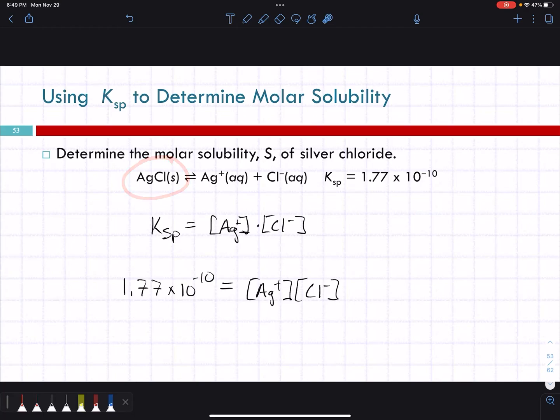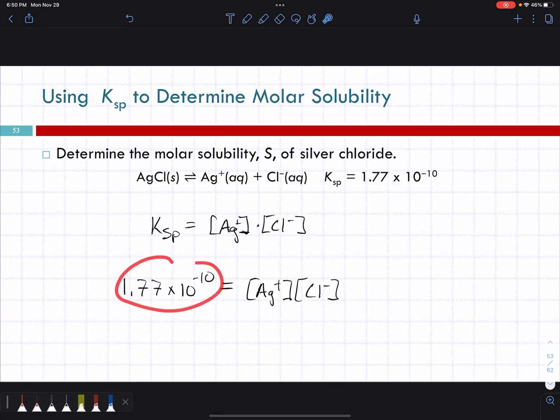For each one of these silver chlorides that we have, we're going to get 1 silver ion and 1 chloride ion. So really, Ksp is the molar solubility squared, because we've multiplied the concentration of the silver and the concentration of the chloride ions to get this number.